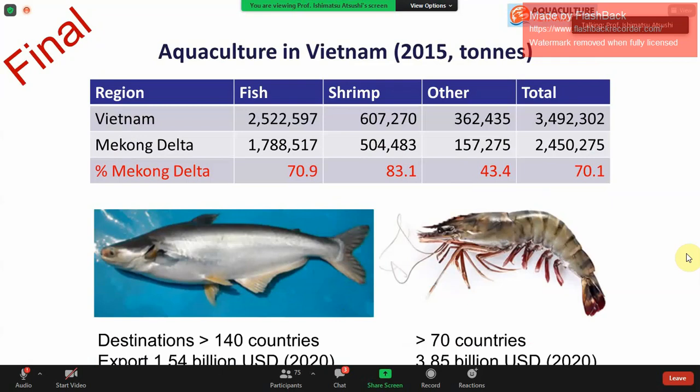I only picked up Vietnam, the whole country, and Mekong Delta values and percentages, okay? So now the table contains few numbers, so the fonts are larger, easier for the audience to read and understand, okay?